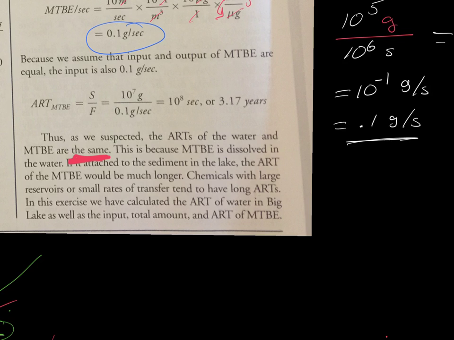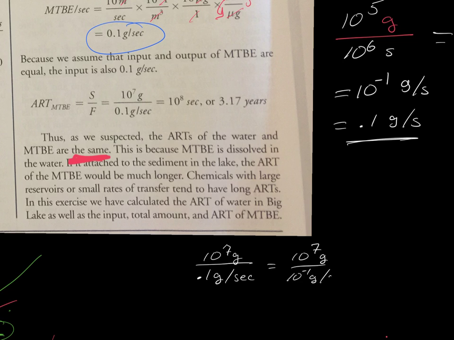But let's do the math to make sure, because things have been messed up the whole day here. So 10 to the 7th grams, and we're dividing it by 0.1 grams per second.